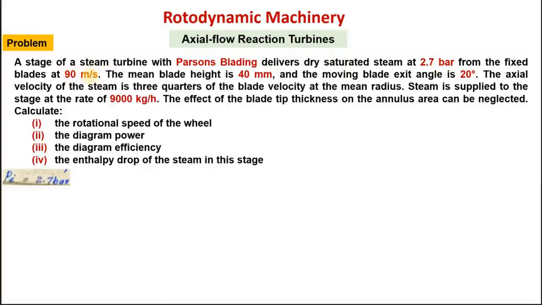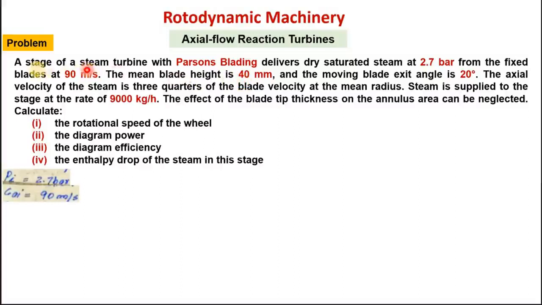at 90 meters per second. So this 90 meter per second is actually CAI. The mean blade height is 40 mm. So mean blade height means H blade height, and blade height we have already learned it is increasing in the direction of steam flow.